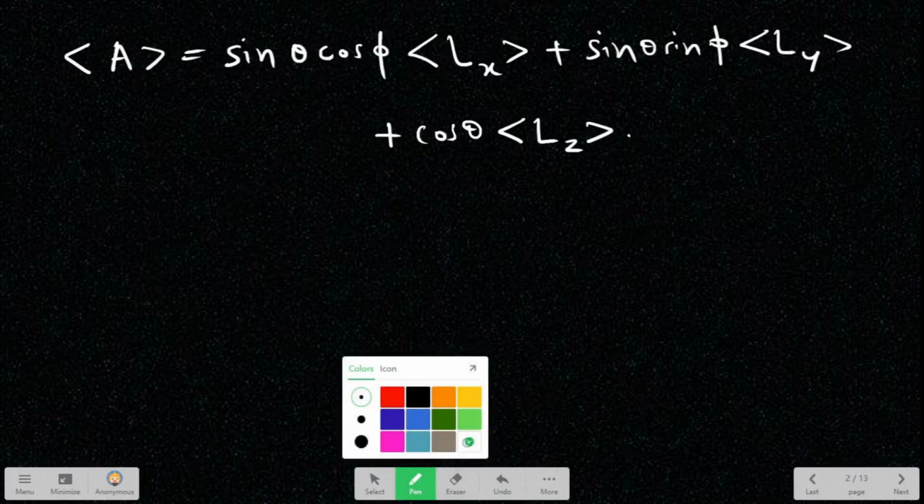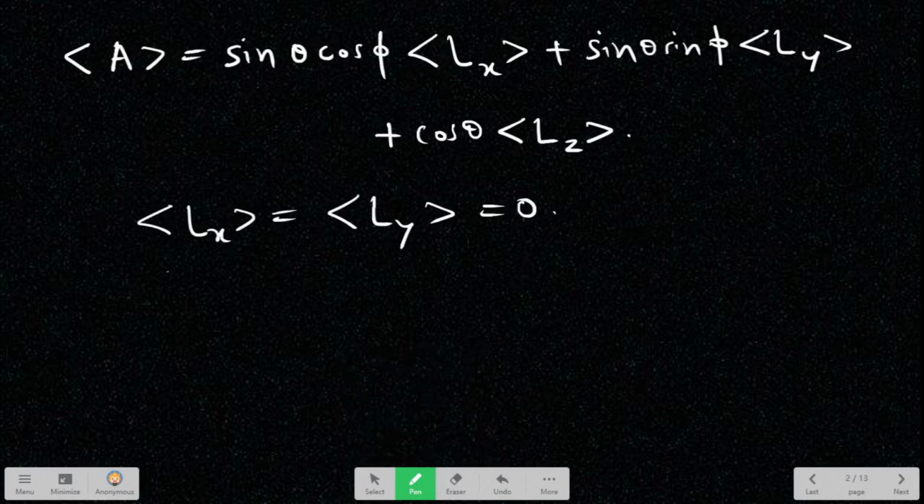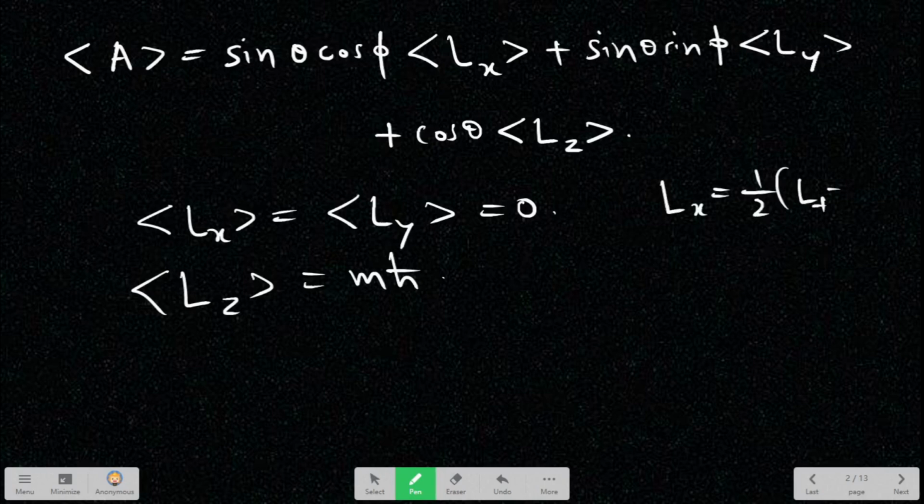So in this state Lm, the expectation value of Lx is equal to expectation value of Ly is equal to 0. Also expectation value of Lz is equal to m h bar. These things you can prove. For proving Lx expectation value equal to 0 in the Lm state, you can use Lx equal to 1 by 2 (L plus plus L minus).